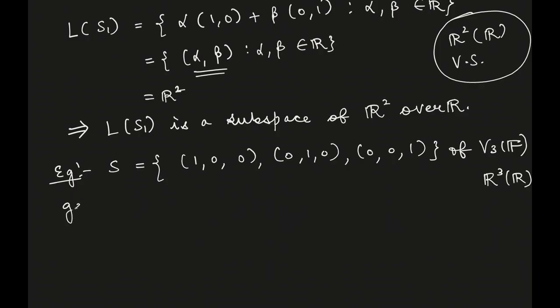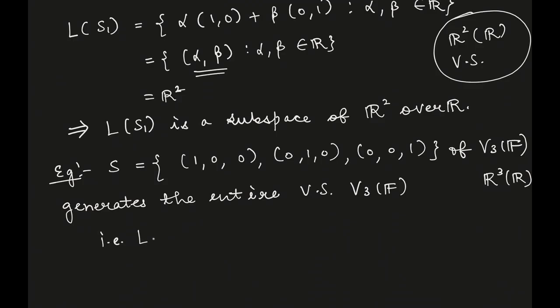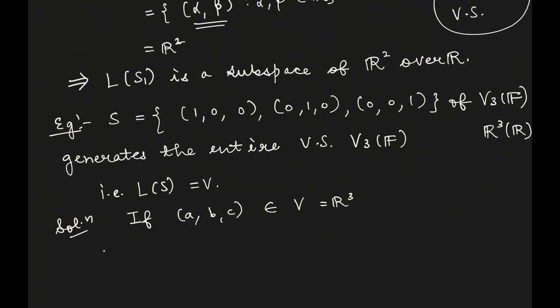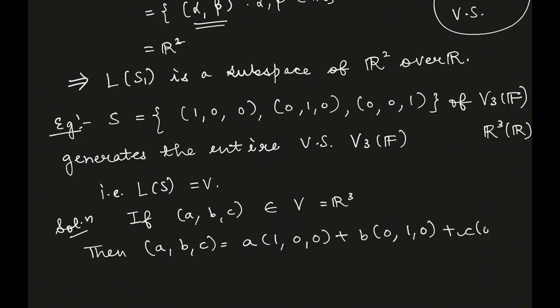Now this generates the entire vector space V3(F), that is, spanning set of S is complete V. If (a, b, c) is any element of this V, and V is R cube, then (a, b, c) can be written as linear combination of elements of this S, a into (1, 0, 0) plus b into (0, 1, 0) plus c into (0, 0, 1). So (a, b, c) belongs to the spanning set.